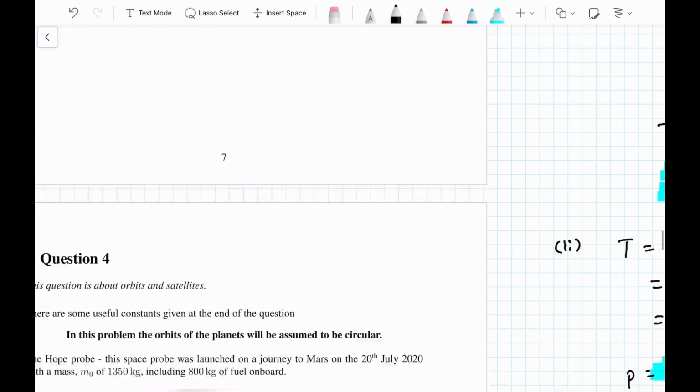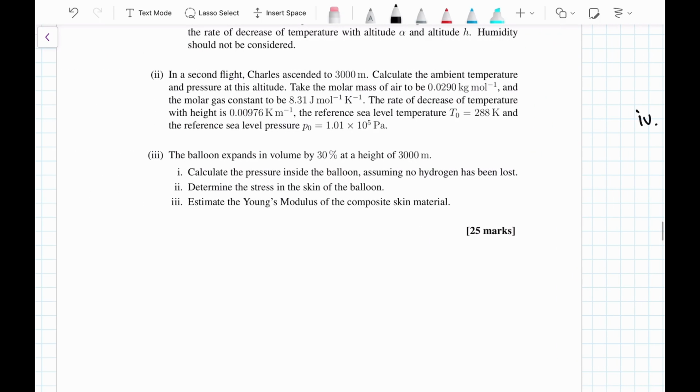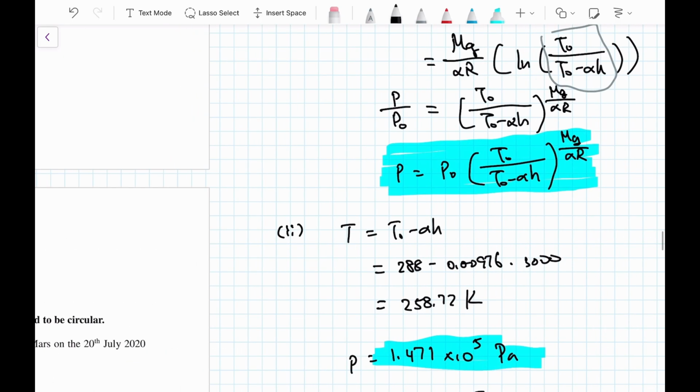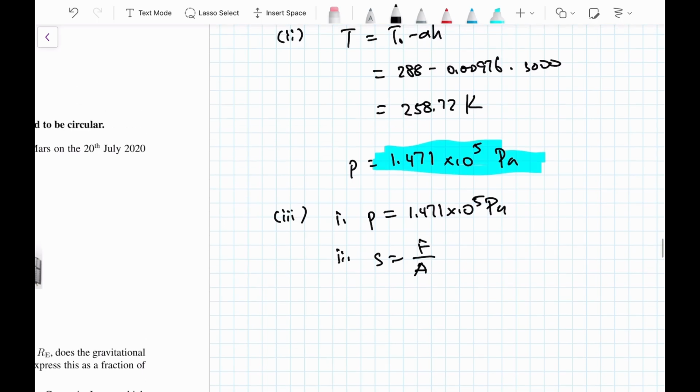Now let's see the next part: determine the stress in the skin of the balloon. The stress, let's just say S, is equal to the force over area. So technically it's the internal pressure, something like that.